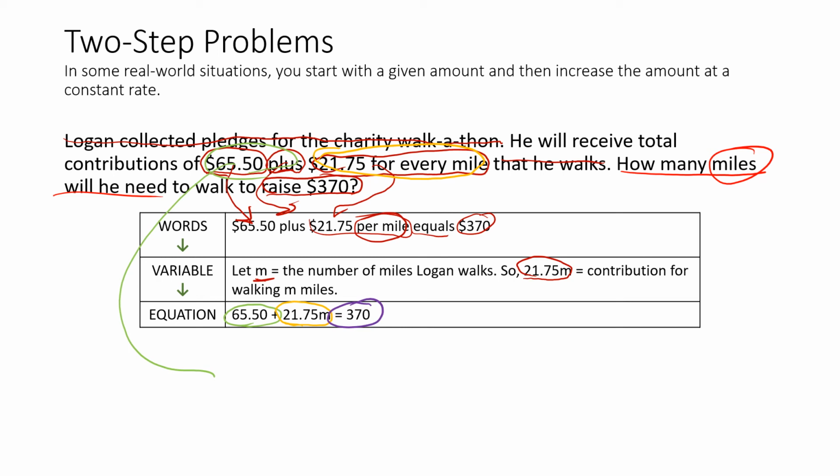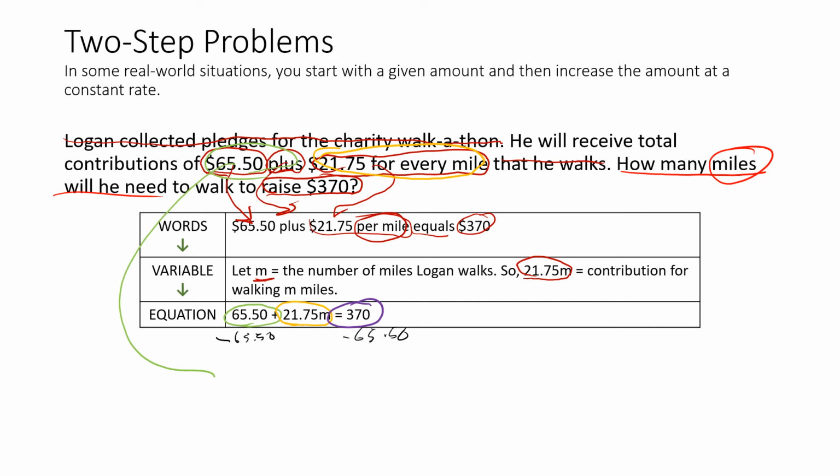So we are going to start with our subtraction and our addition to get rid of terms that we can subtract or add. So over here we have 65.50 plus something, so we can get rid of that. So if we subtract that on this side, what we do to one side, we have to do to the other side.